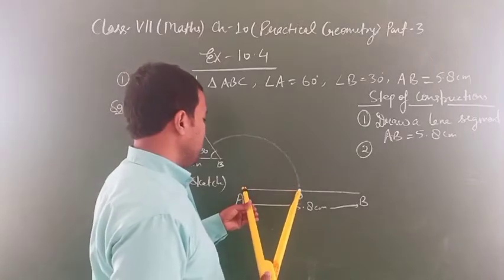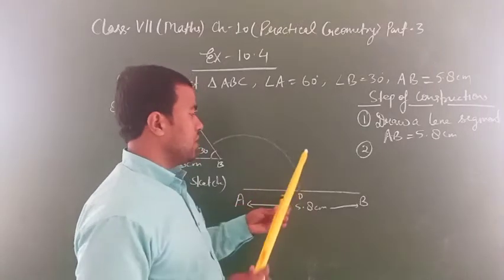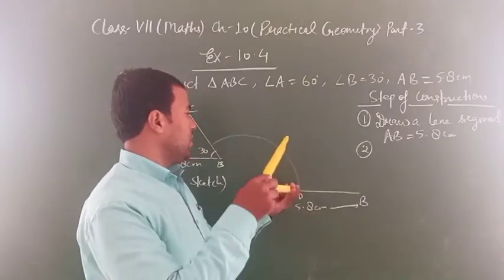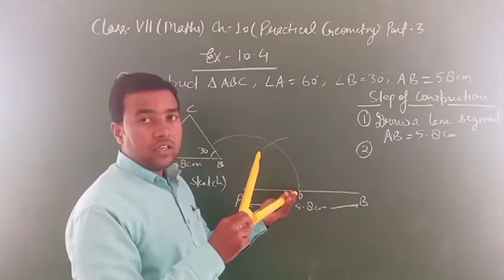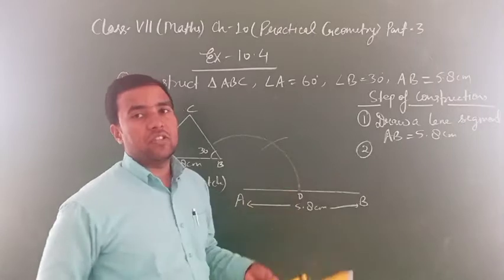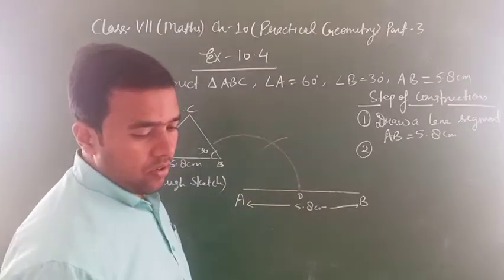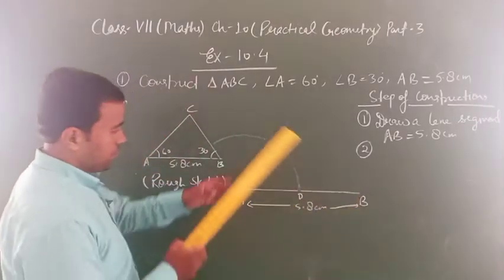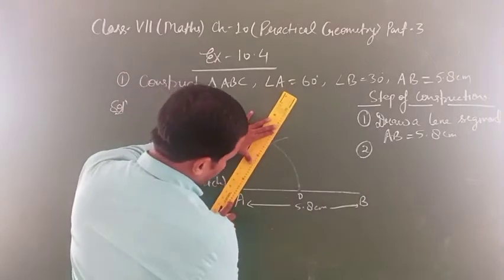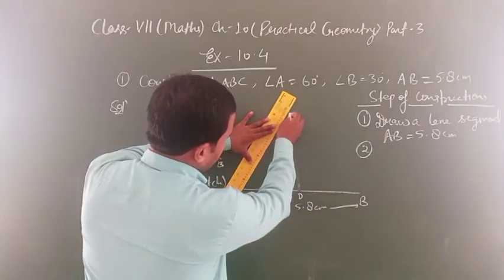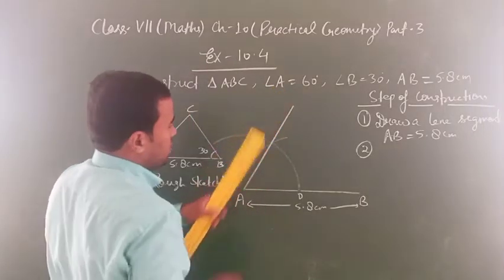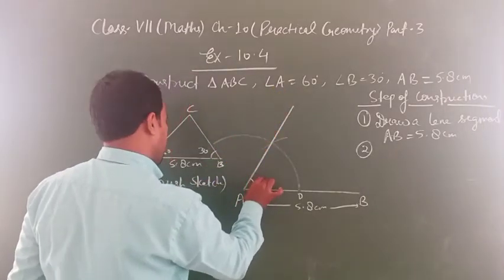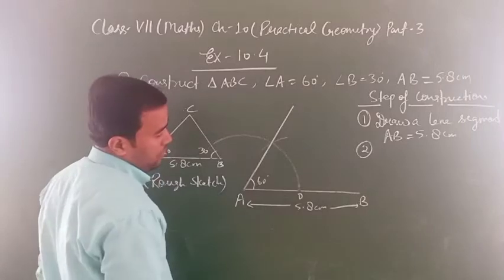Clear? After that, same radius, whatever radius you have taken, from D we will cut one arc. So the first arc is a 60-degree angle. Clear? From D we have cut one arc, that is 60-degree angle. Clear?